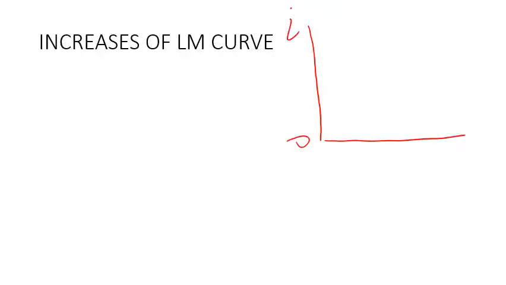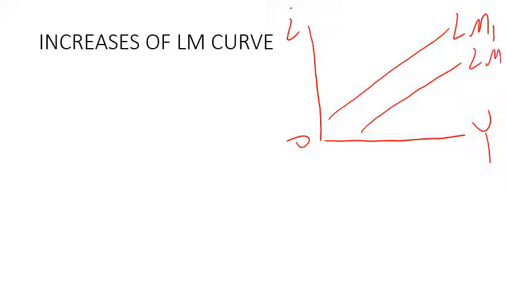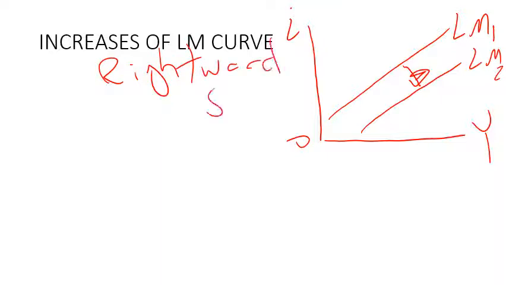Interest rate, national income level, LM curve 1 to LM2, that's an increase in the LM curve, and that is a rightward shift. So what shifts the LM curve rightward?